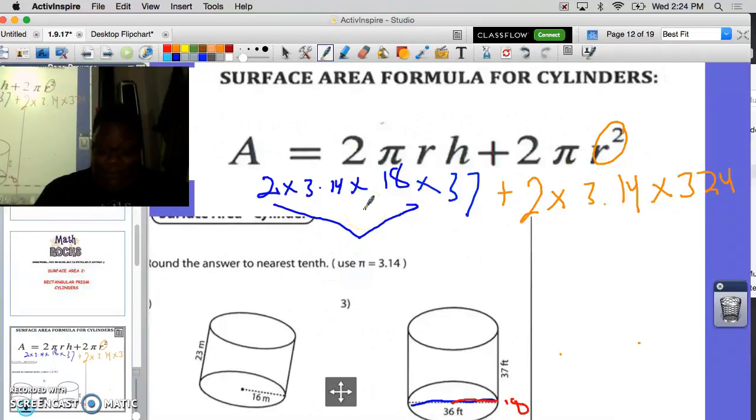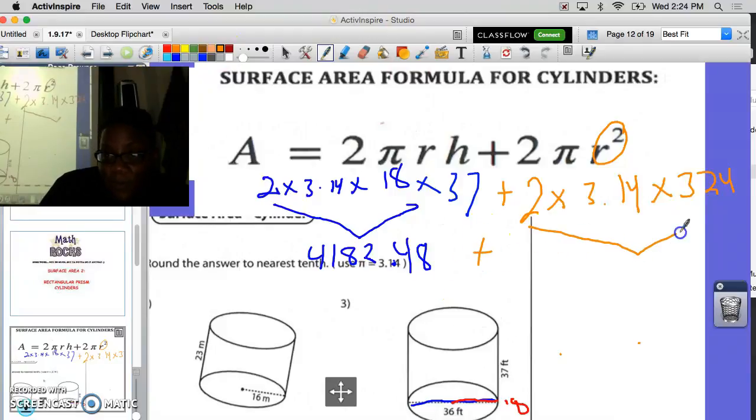So we're going to multiply all these together. 2 times 3.14 times 18 times 37. For this half, I have 4,182.48. And then add that with this.